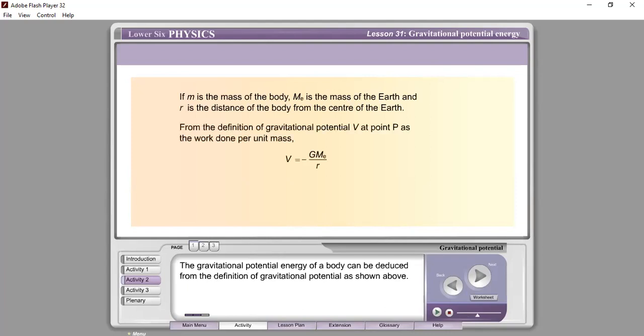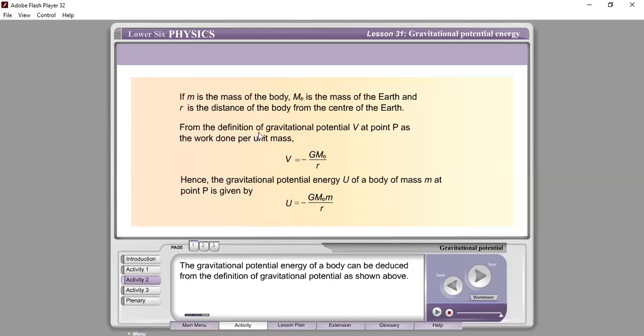From the definition of gravitational potential V at point P as the work done per unit mass, V equals negative G Me over R. Hence, the gravitational potential energy U of a body of mass m at point P is given by U equals negative G Me m over R. So you see the difference.